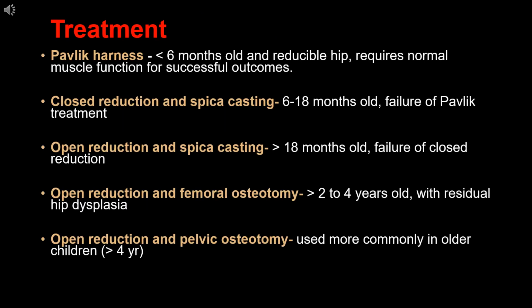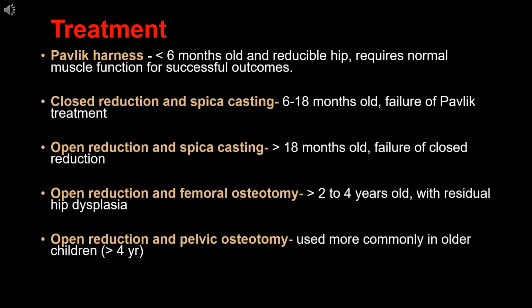Less than 6 months old and a reducible hip, Pavlik harness is enough, but it requires normal muscle function for successful outcomes. 6 to 18 months old, closed reduction and spica casting. More than 18 months old, or failure of the closed reduction, in such cases open reduction and spica casting is required.